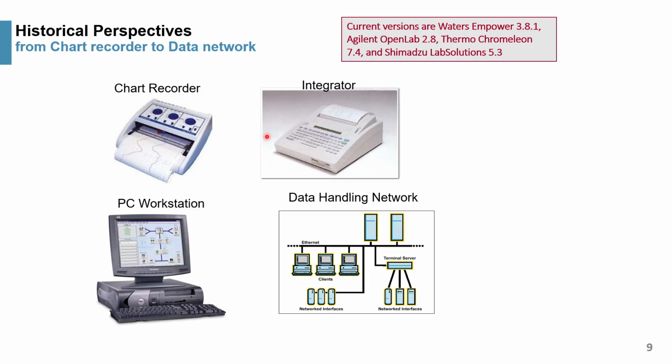Shown here is an electronic integrator with a thermal printer and a disk for data storage. One can do internal and external calibration, and also some basic programming to customize calculations.